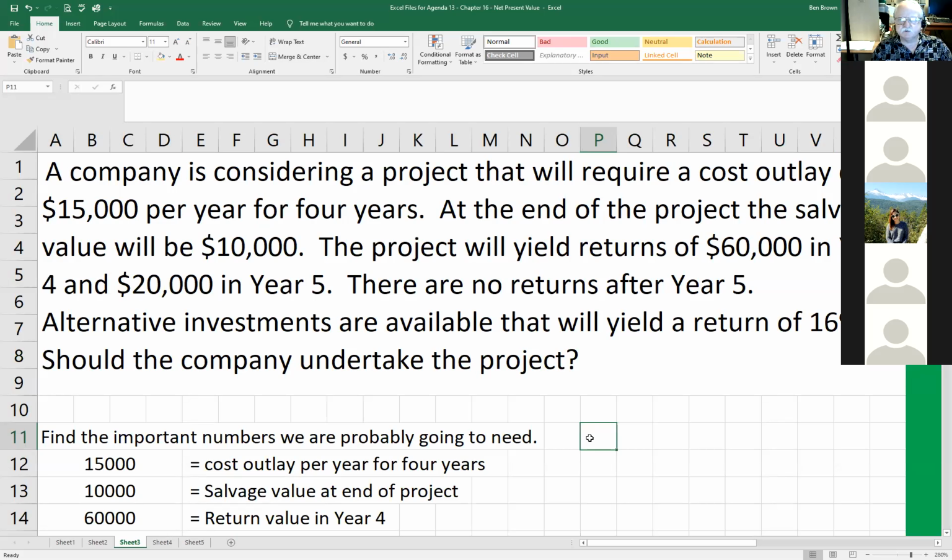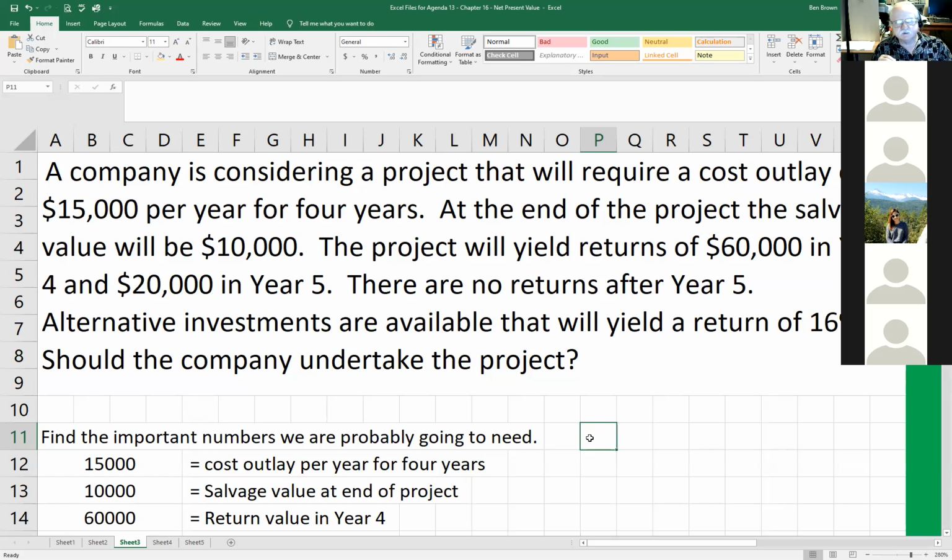The project will yield returns of $60,000 in year 4 and $20,000 in year 5. There are no returns after year 5. Alternative investments are available that will yield a return of 16% should the company undertake the project.